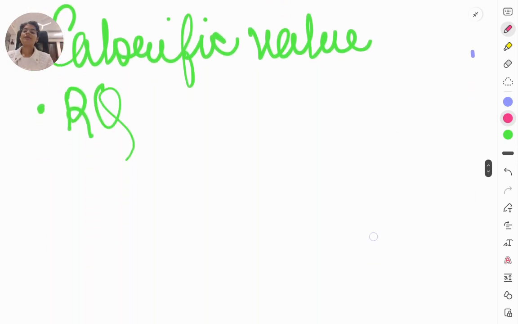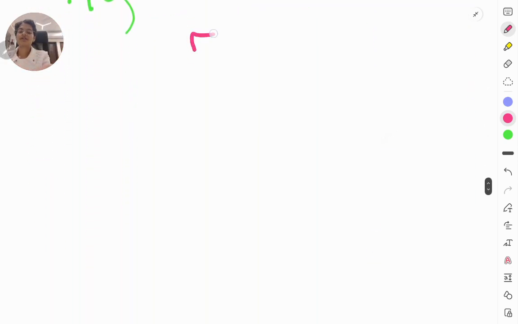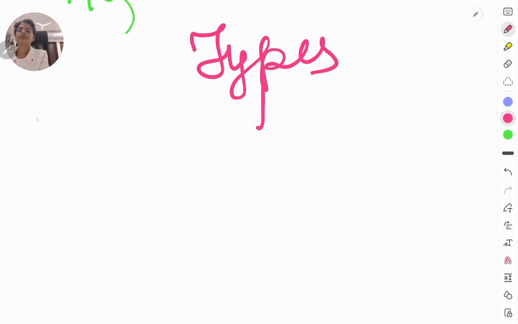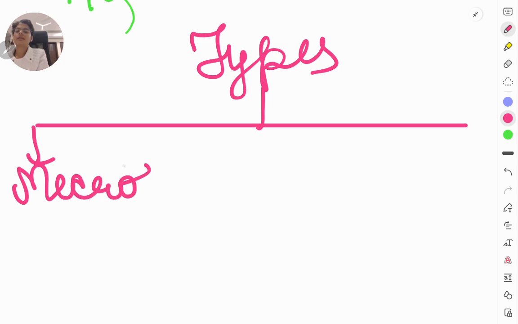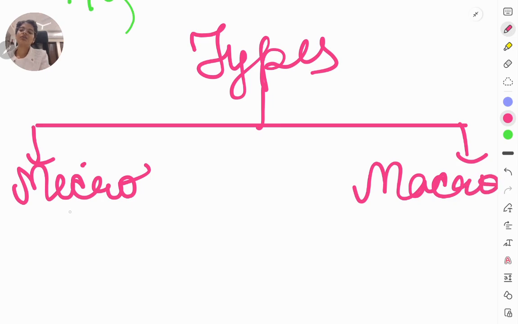Now, there are two types of nutrients in front of us, and they are micronutrients and macronutrients. Micronutrients are the ones which are there in a small quantity in our diet.